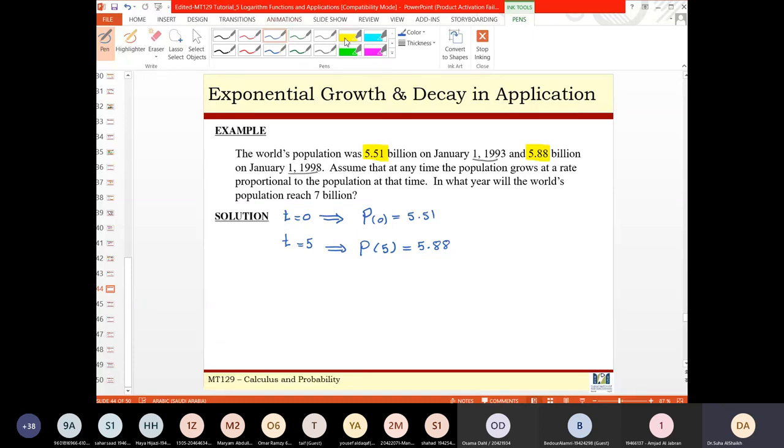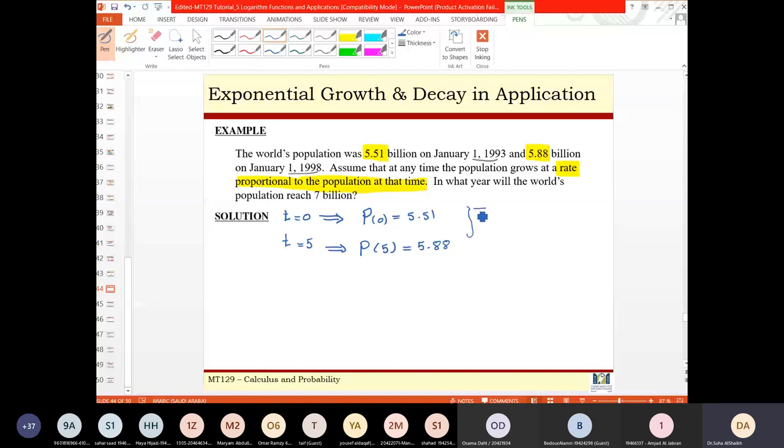They didn't give me a formula, they didn't give me anything. But they said, assume that at any time, the population grows at a rate that is proportional to the population at that time. So I have a proportional growth, معناها I have an exponential growth هنا. It follows the exponential formula.